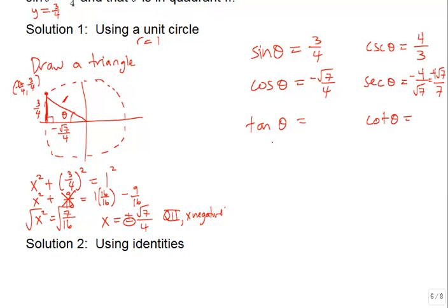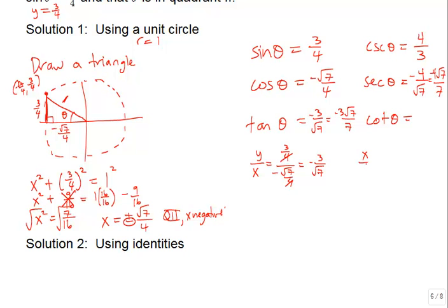Then how do we find tangent? Well, tangent by definition is y divided by x. So the y coordinate was that 3/4, and the x coordinate was this negative square root of 7 over 4. The 4's are going to cancel, so we get negative 3 over root 7. Or if you rationalize, negative 3 root 7 over 7.